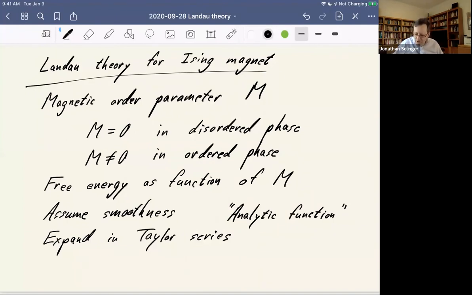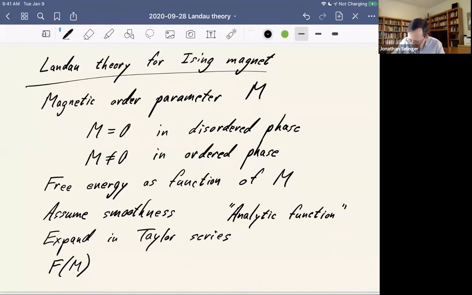We want to know what is f of m. We don't actually know it in advance, okay? But we could say, whatever it is, if we assume it's a smooth function, there must be some Taylor series to describe it. Right? So let's just make up a Taylor series for f of m.